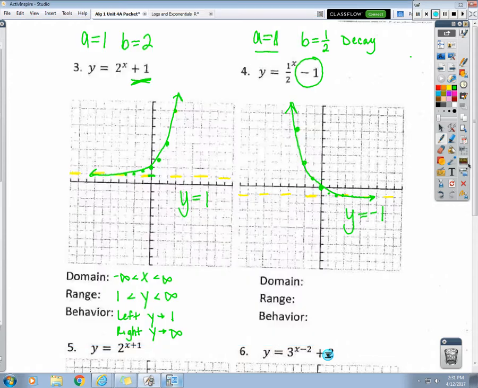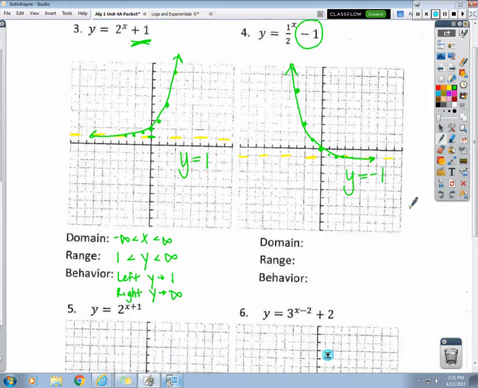Okay, so now that we have our function graphed, what is the domain? Right? All of them will be that, every time. What's the range? Correct. Negative 1 to positive infinity. And then for behavior, as you go to the left side of the curve, the y values approach infinity.